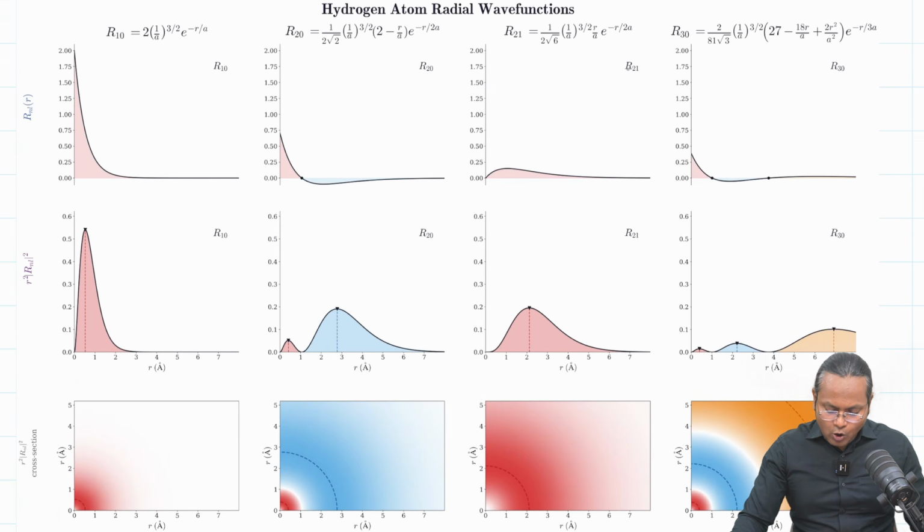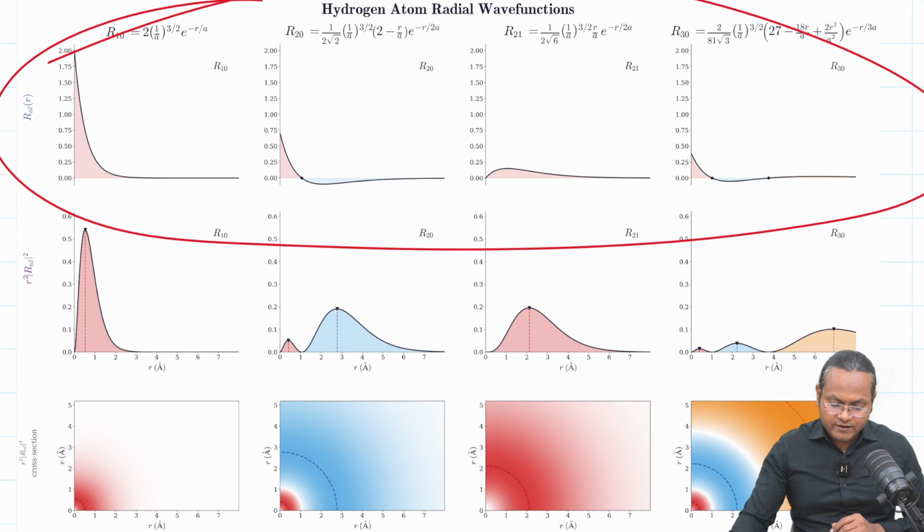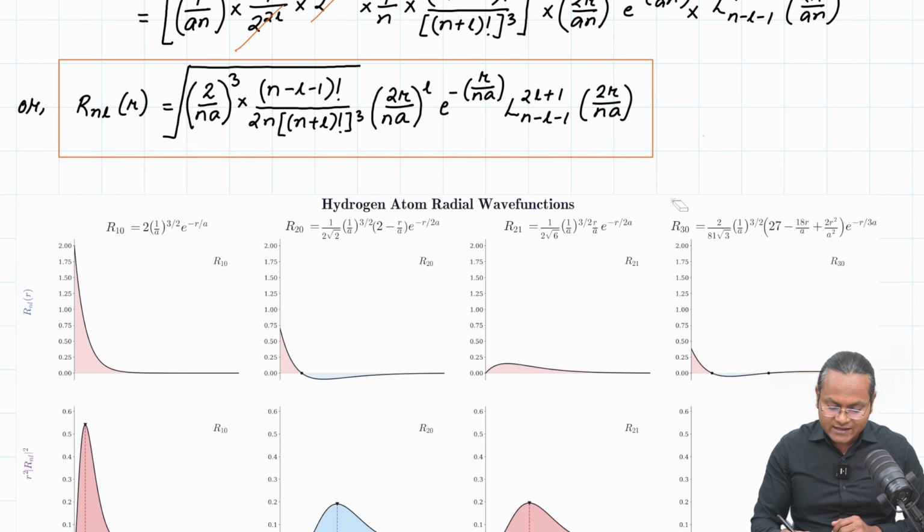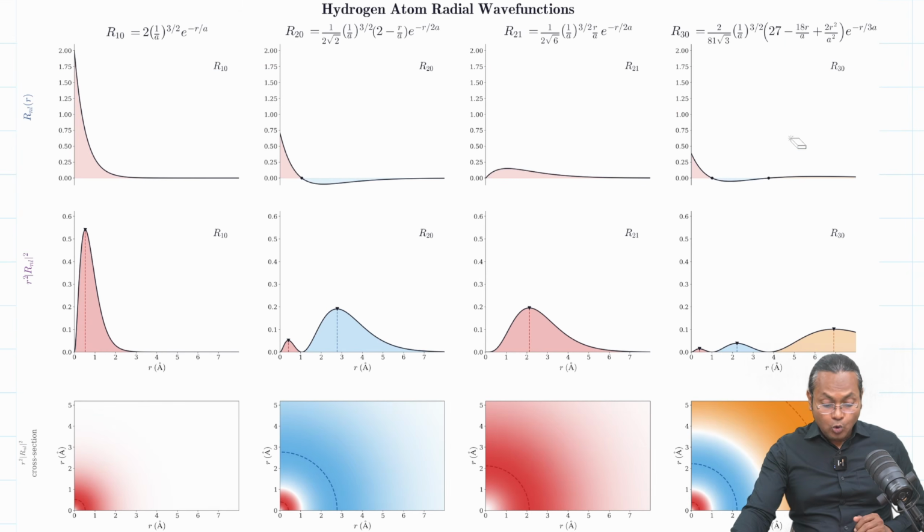Now, if you look at the oscillatory behavior of the radial function, that oscillatory behavior is introduced by the Laguerre polynomials. With increasing value of n and L, the Laguerre polynomials basically have n minus L minus 1 roots. So we will get this many nodes in this particular distribution.